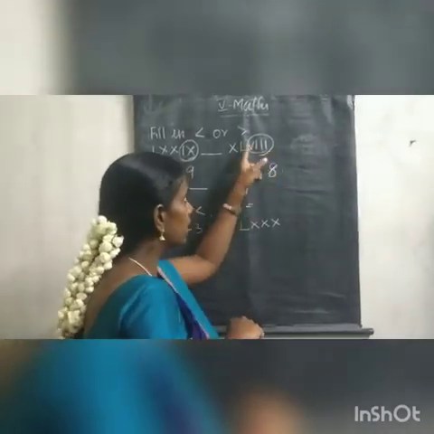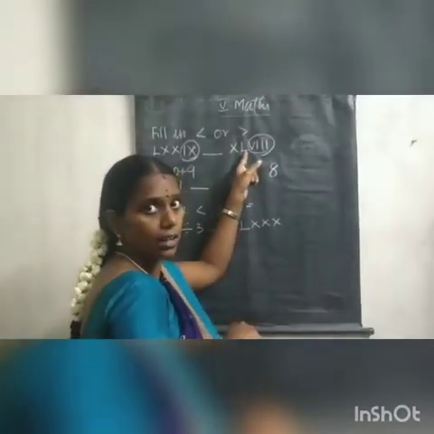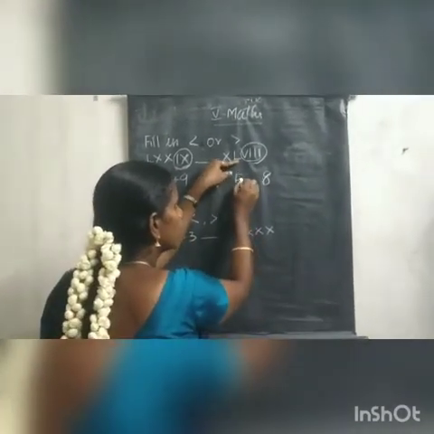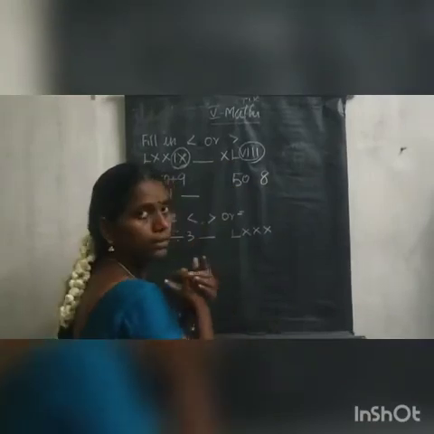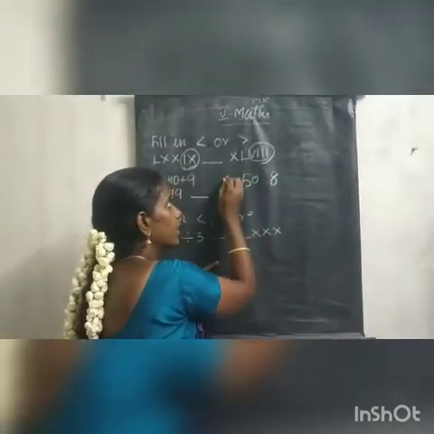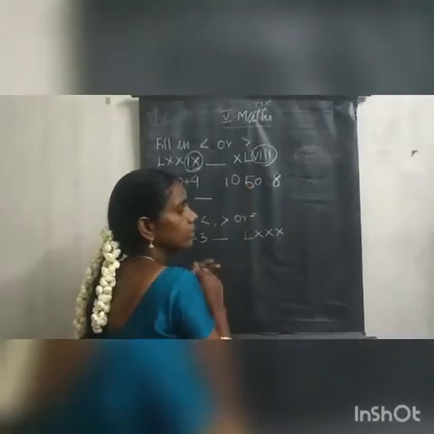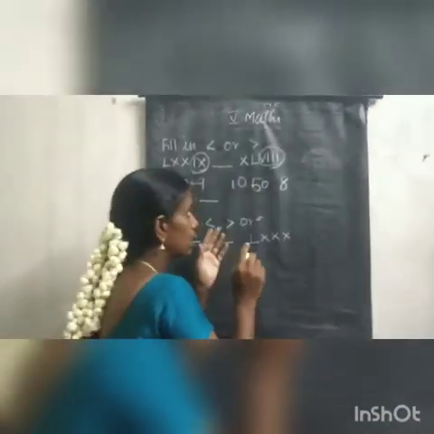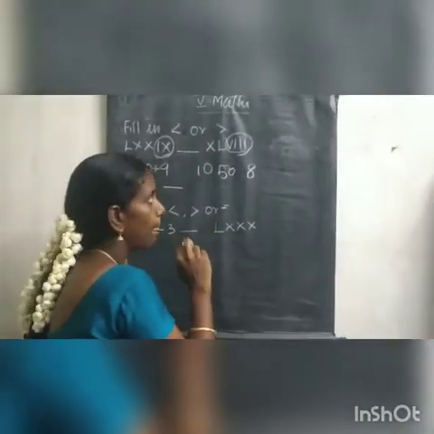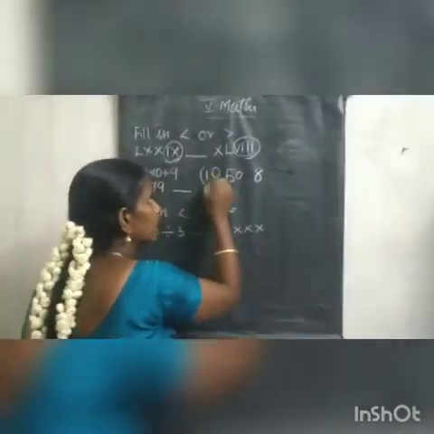Now come to the previous one. What is the value? That represents number 50. Now come to the previous one, that represents number 10. Listen to me carefully children, I am not going to add here. What I am going to do first?